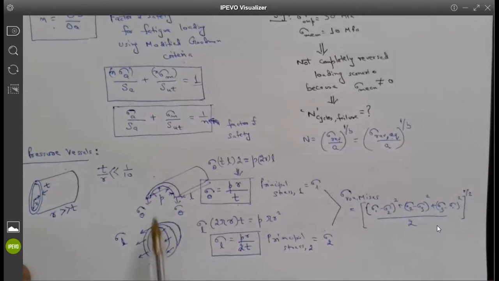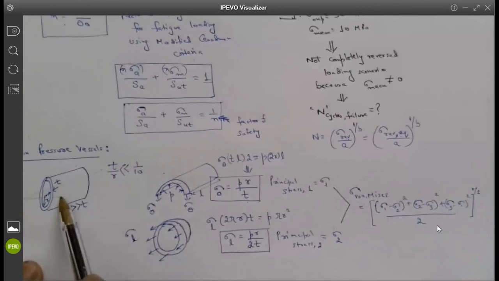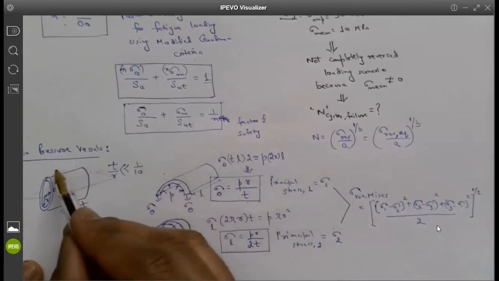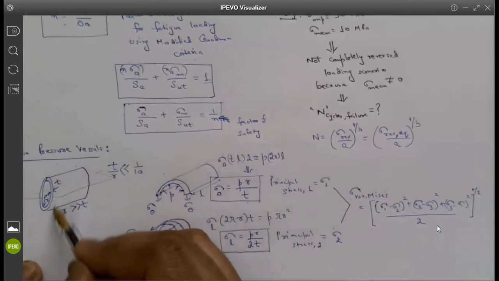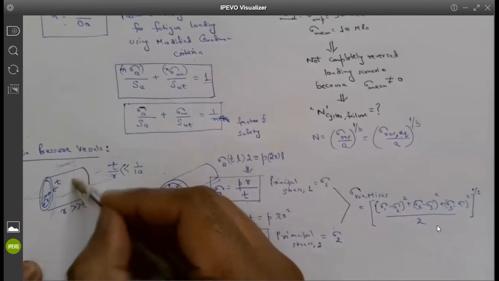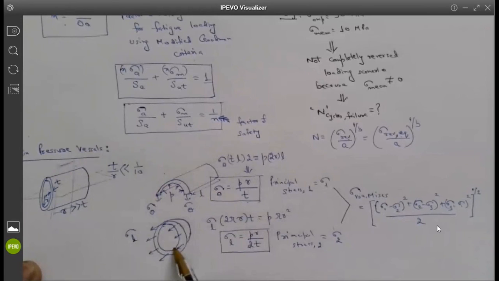I have given you sigma 1, which is the circumferential stress. If you split this cylinder using a plane like that, you end up with a section like this. If you split it using a plane like this, you end up with a section like that. Now this gives you sigma 1, this gives you sigma 2. What will be sigma 3 then?